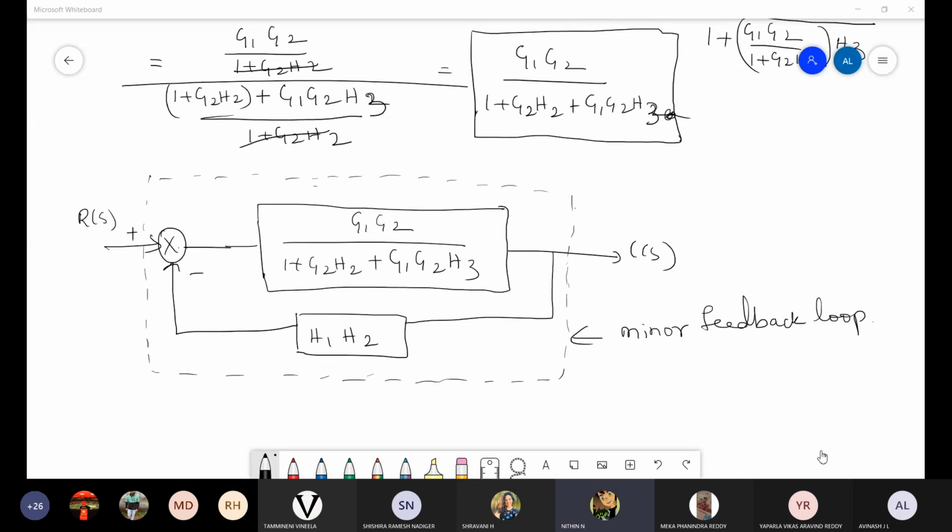Sir, G1 G2 divided by 1 plus G1 H2 plus G1 G2 H3 plus G1 G2 H1 H2. Pardon me once again, I missed something. G1 G2 divided by 1 plus G1 H2 plus G1 G2 H3 plus G1 G2 H1 H2.